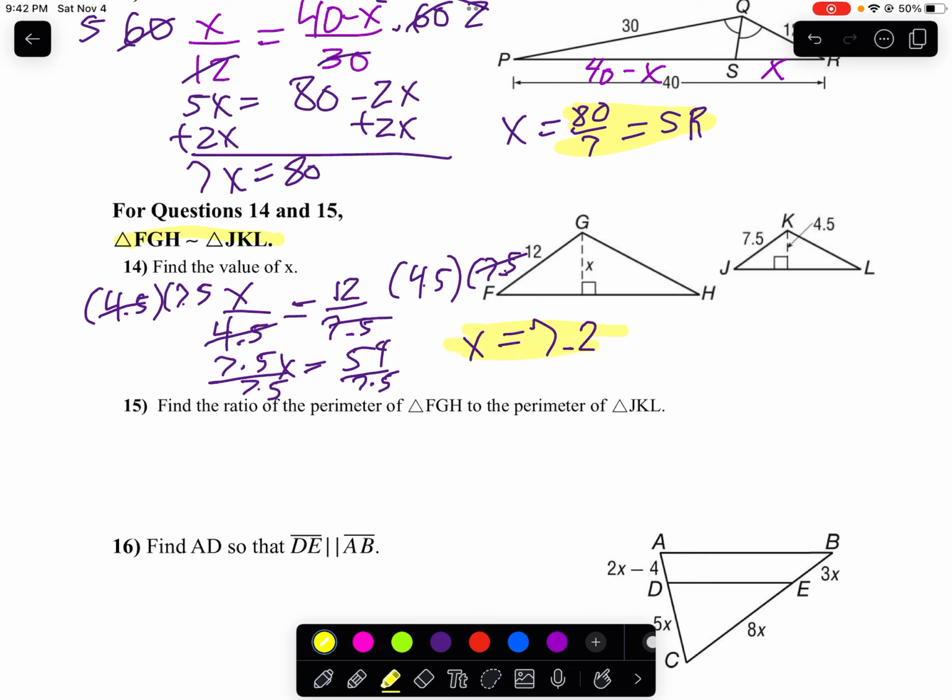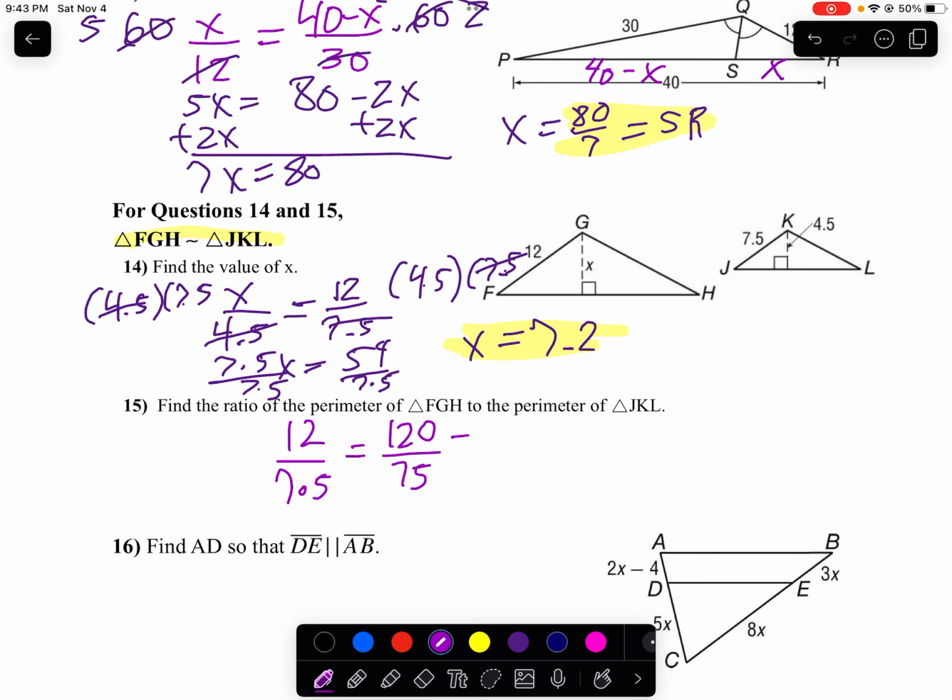And number 15, we want to find the ratio of the perimeters of FGH to JKL. So I'll pick two sides. I could have picked the altitudes, but I'm going to pick my two sides. Whoops, I always forget to change the highlighters. So we'll say 12 is to 7.5, which is 120 is to 75.